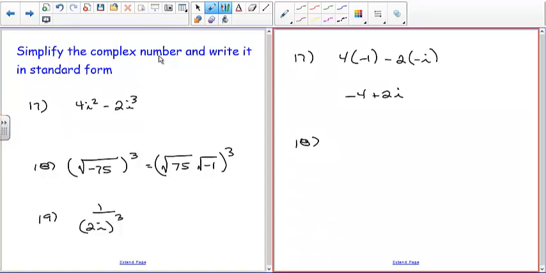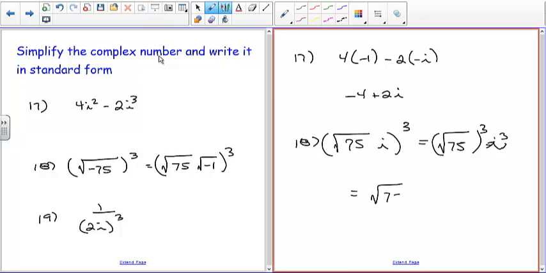You could replace the square root of negative 1 with i, so you get the square root of 75 times i, the whole thing cubed, which is the square root of 75 cubed times i cubed. But i cubed is negative i.